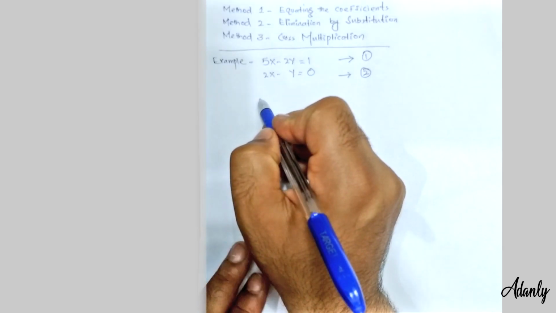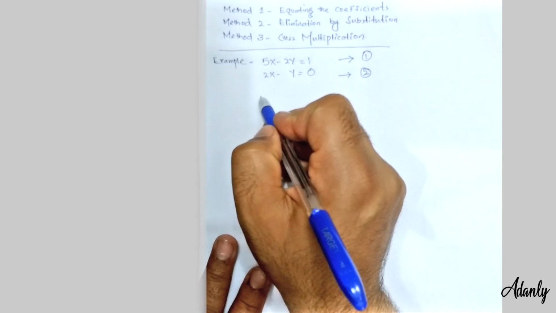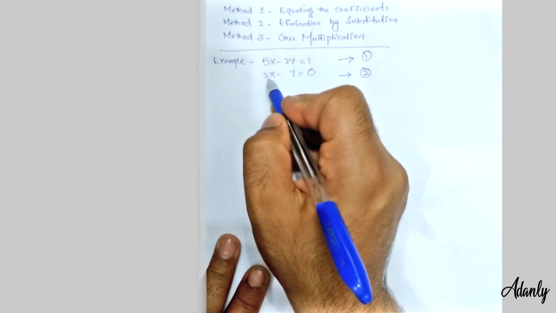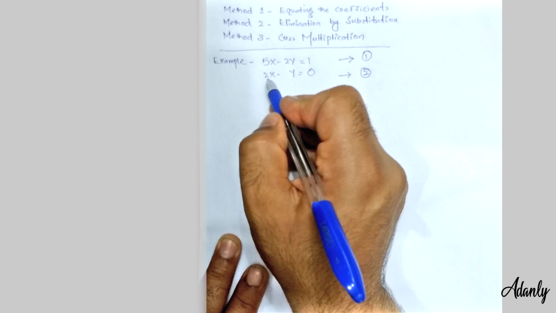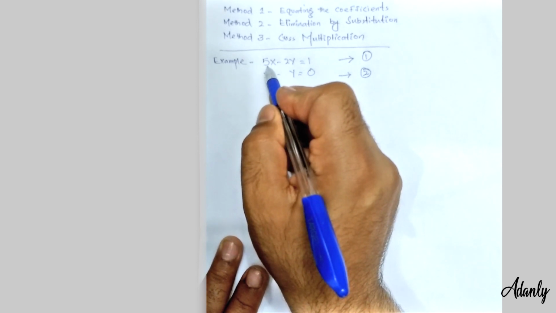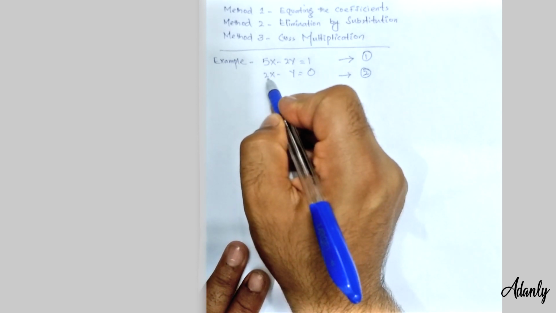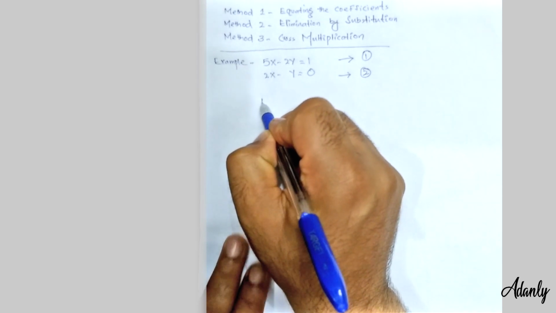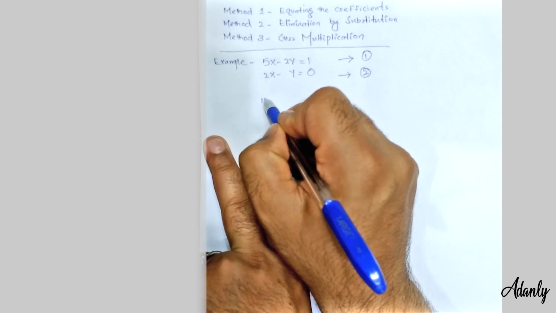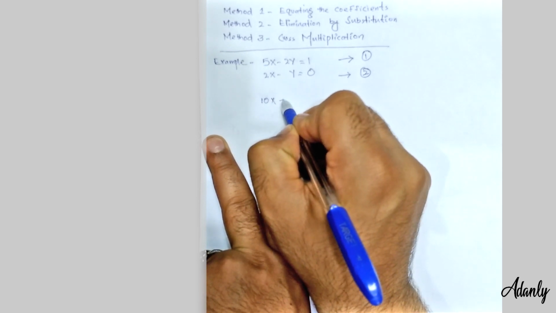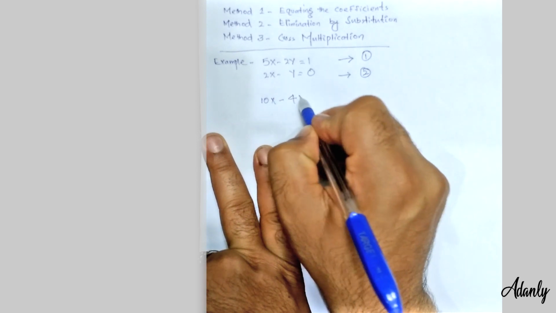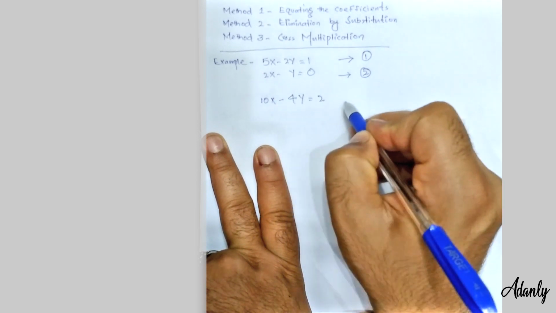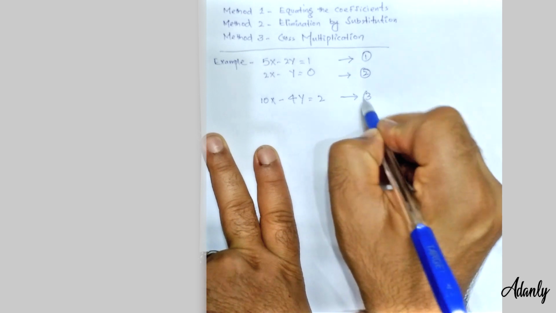Now we will try to equate the term x of equation number 1 with the term x of equation number 2. So suppose we multiply equation number 1 by 2 and equation number 2 by 5. We will get 5 multiplied by 2 equals 10x minus 2 multiplied by 2 equals 4y equals 2, and we will call this equation number 3.